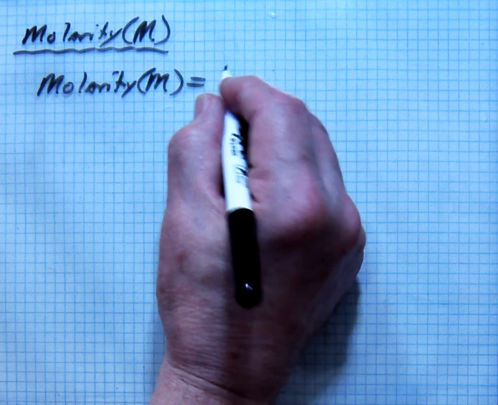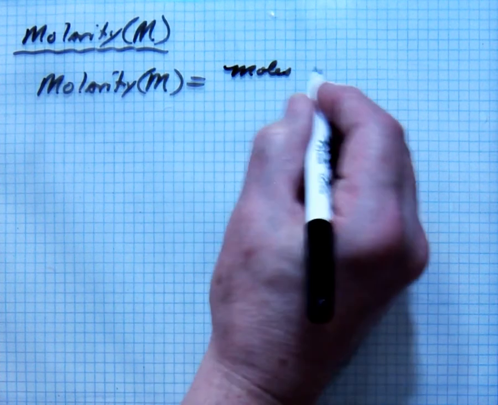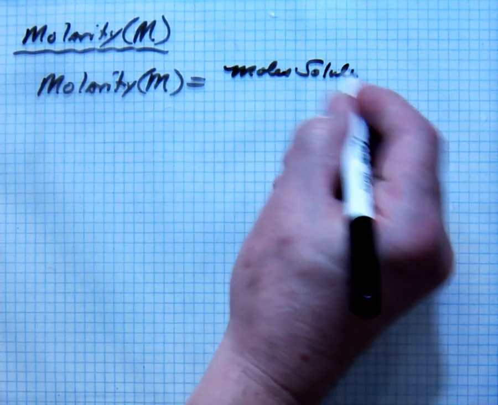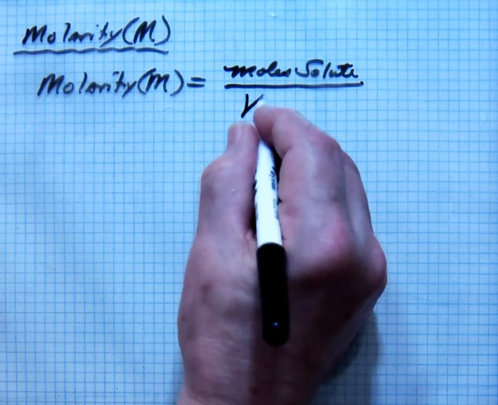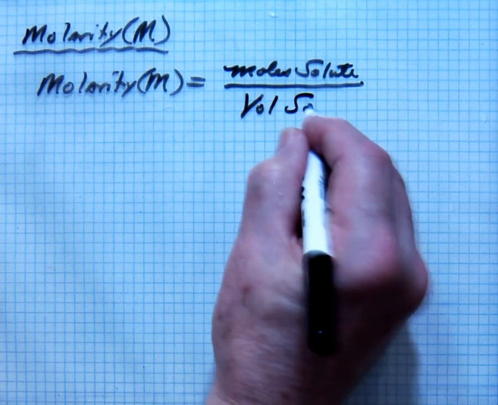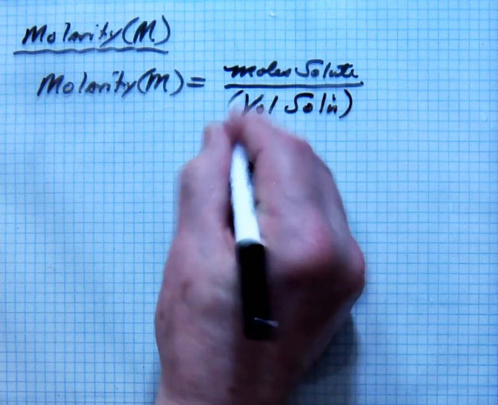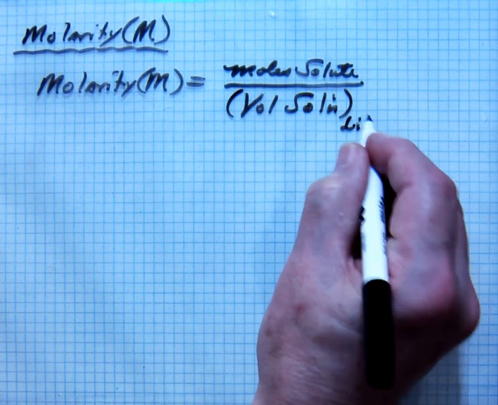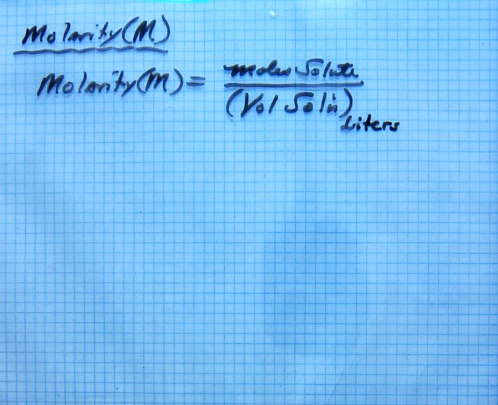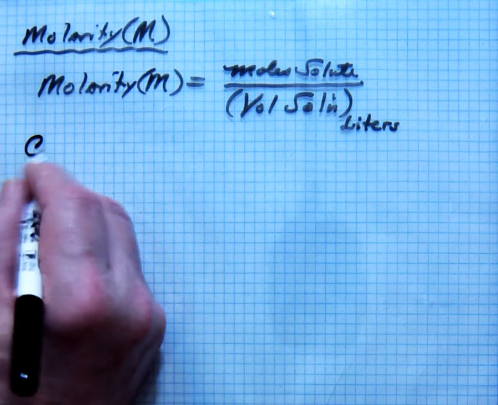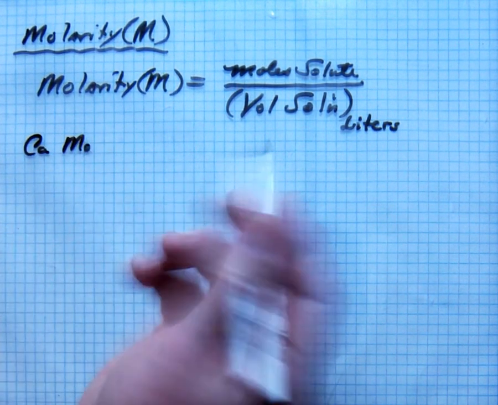So we identify this as moles of solute per volume of solution, but it's specifically in liters. Okay? So that is the simplicity of the terminology molarity, and it's used extensively, as you know.